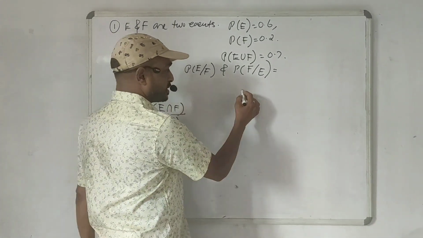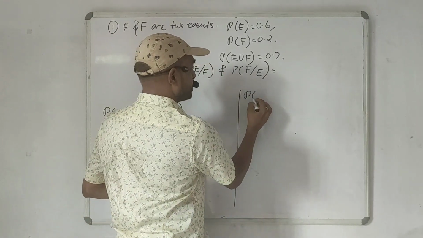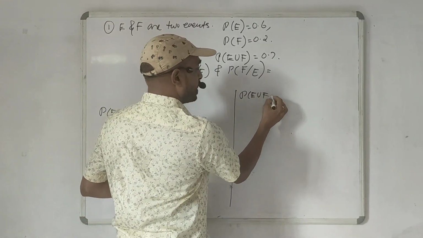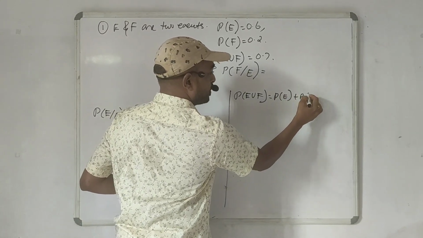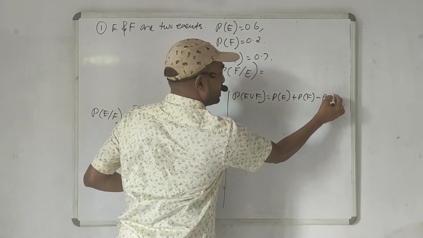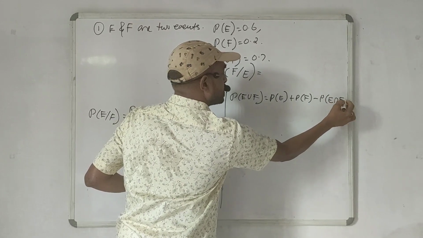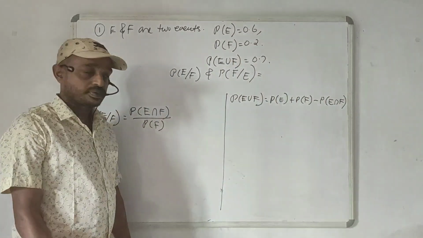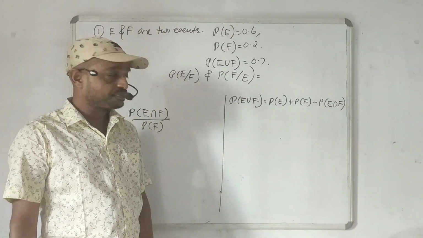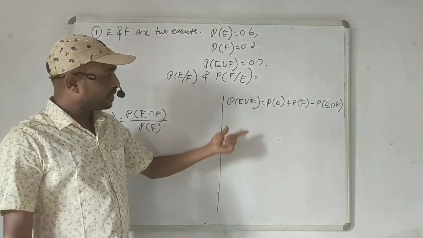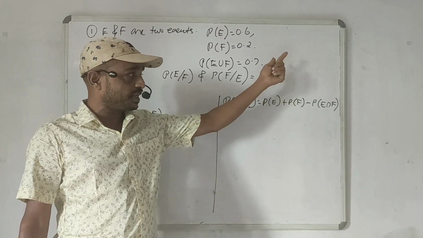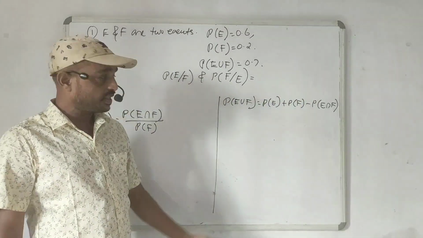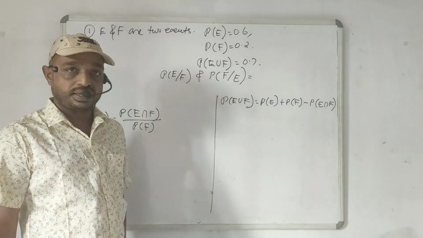The addition rule says that P of E union F is equal to P of E plus P of F minus P of E intersection F. I think this rule is quite familiar to you. From this we can calculate P of E intersection F.